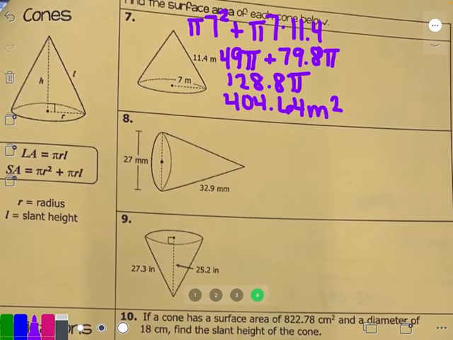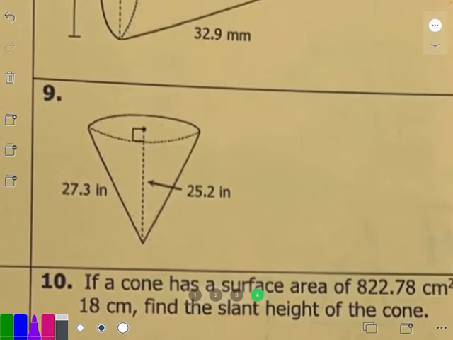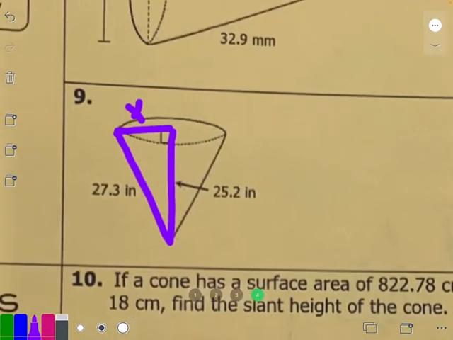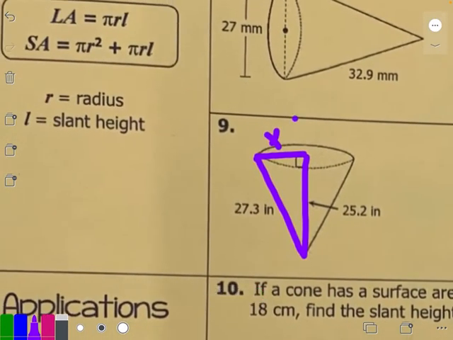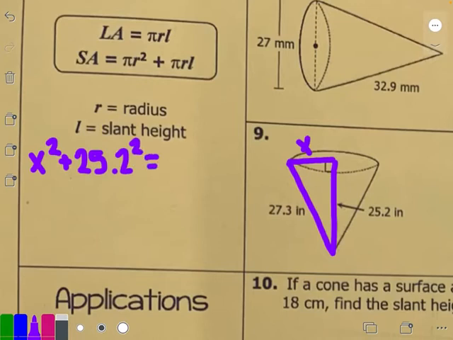I'm going to skip over to number 9, because in number 9, they don't give us the diameter or the radius of that circle. So I want to remind you guys that I can go like that to find the radius, and I now have a right triangle, and I'm solving for that part. So the first thing we've got to do, and I'm going to use the space on the side, is: my small leg squared plus my long leg squared equals my hypotenuse squared.